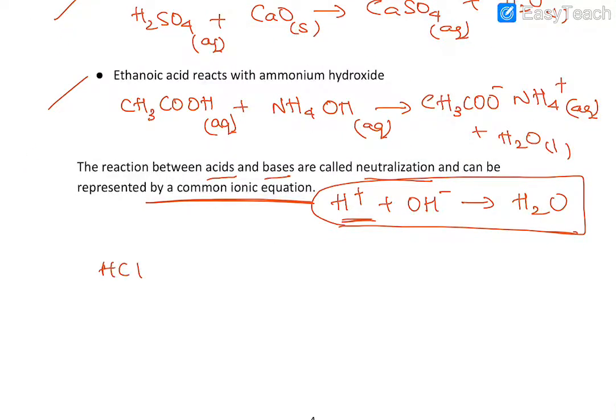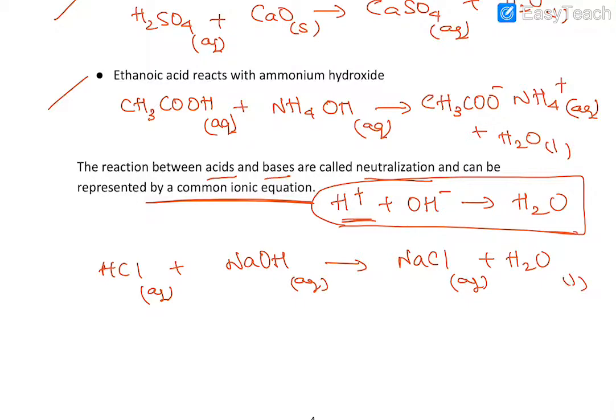Let's say we have HCl plus NaOH giving NaCl plus H2O, and so aqueous and liquid. If you still remember how to make ionic equations, aqueous splits, solid, liquid, gases do not split. So HCl consists of H+ and Cl-.